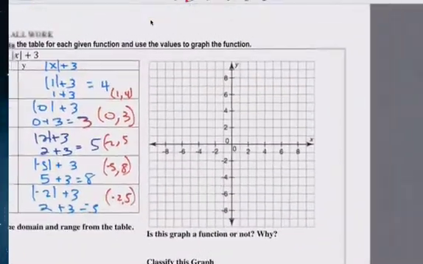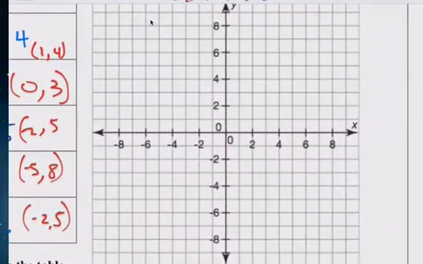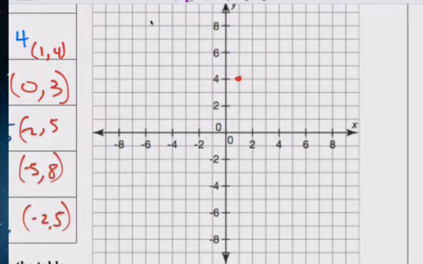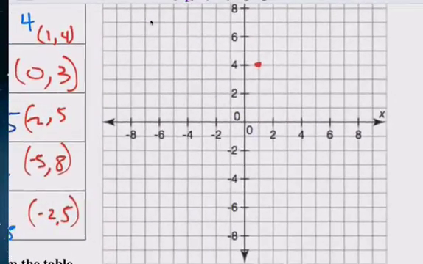Alright. Graph this. 1, 4. It should be a V shape because anything with an absolute value is an automatic V shape. 0, 3, 2, 5, negative 5, 8, and negative 2, 5.